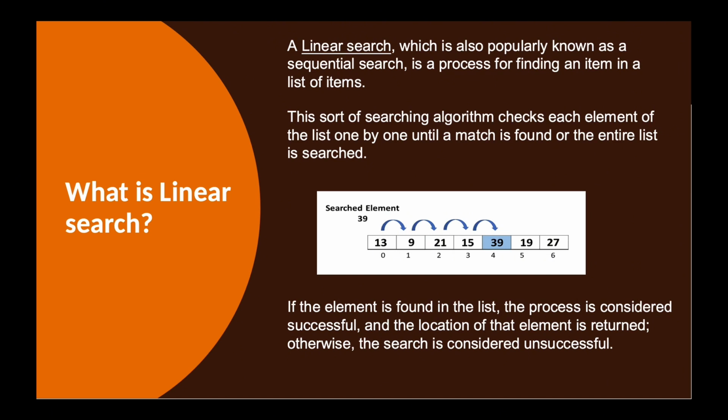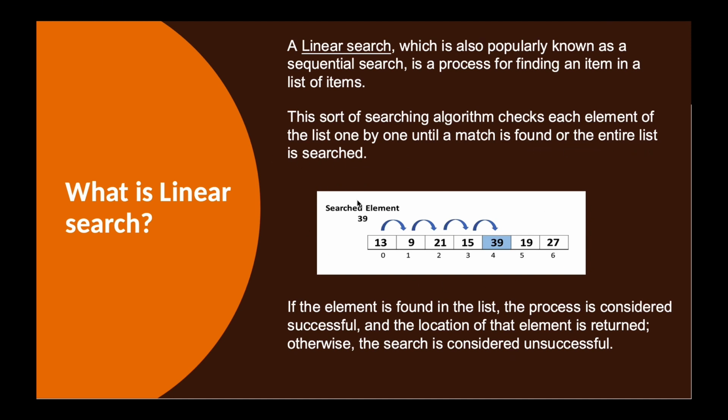It doesn't jump, it doesn't make any random searching, but goes step by step to find an information. This searching algorithm checks each element of the list one by one until a match is found or the entire list is searched.